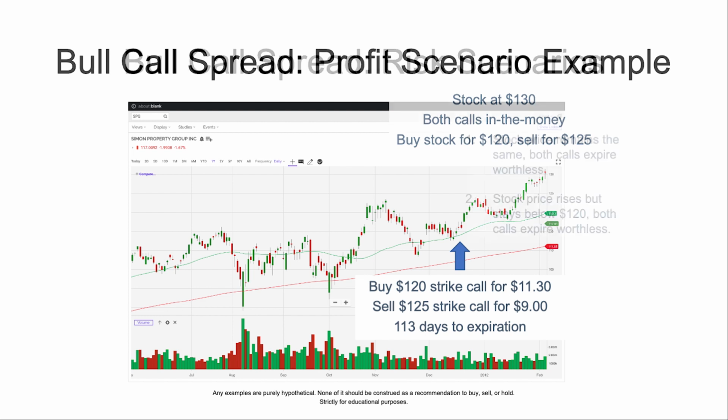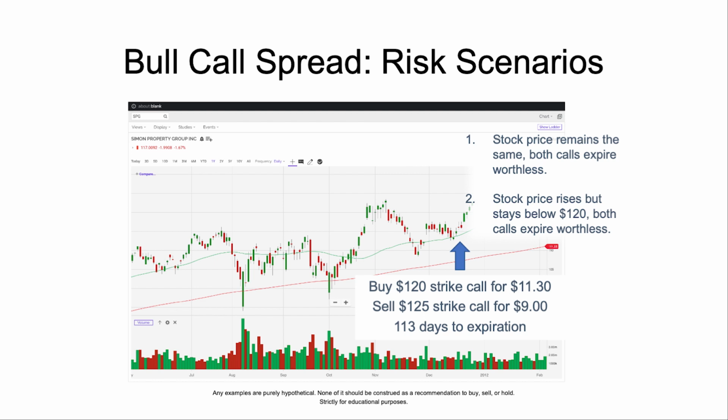Let's explore a couple risk scenarios now. Let's say the stock price remains the same. And if you recall, the stock was trading at about $117 when we did this. So at $117, both of the calls will be worthless. The 120 call and the 125 are both above the current trade price.